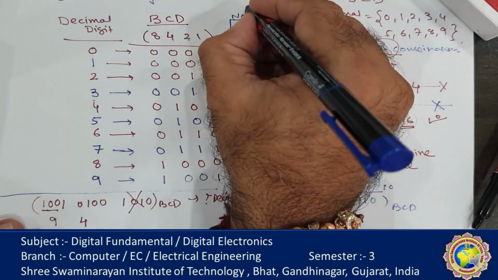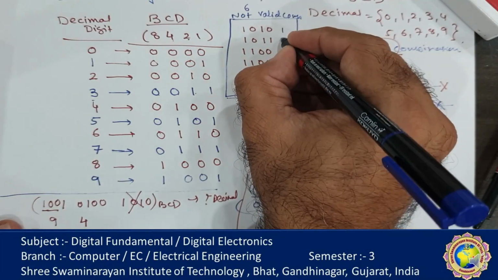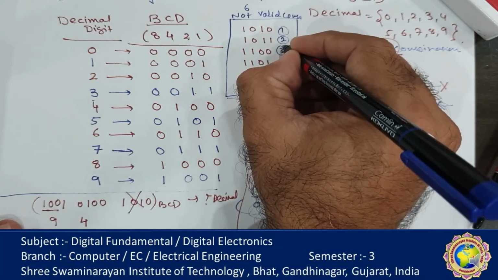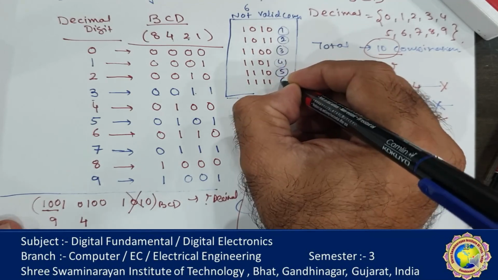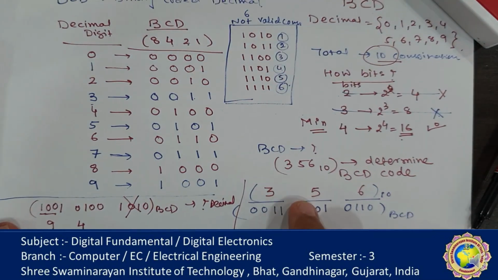These 6 are not valid combinations. Remember or note down these things.